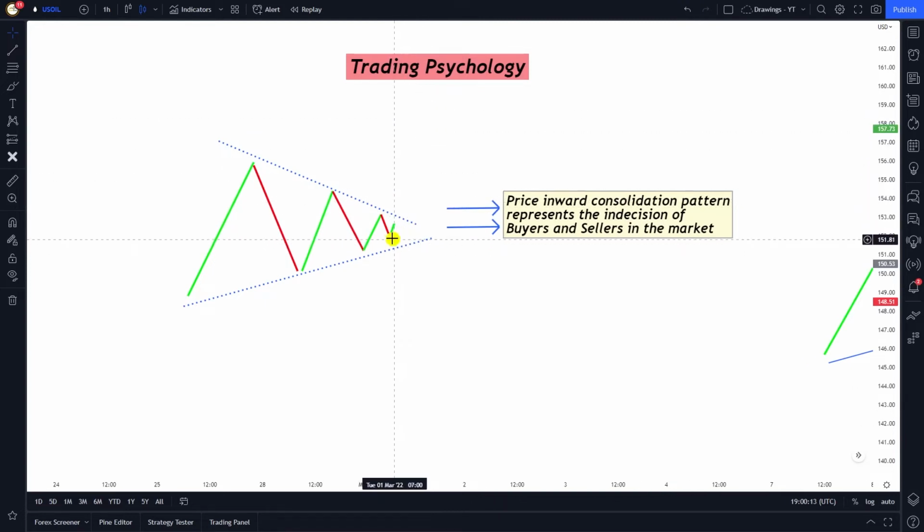Conversely, if the breakout happens in the bearish direction, then the sellers have taken control and are driving the market in the bearish direction. So this is the trading psychology: the triangle pattern represents indecision, and the direction of the trend after this indecision phase is determined by the direction in which the breakout happens.